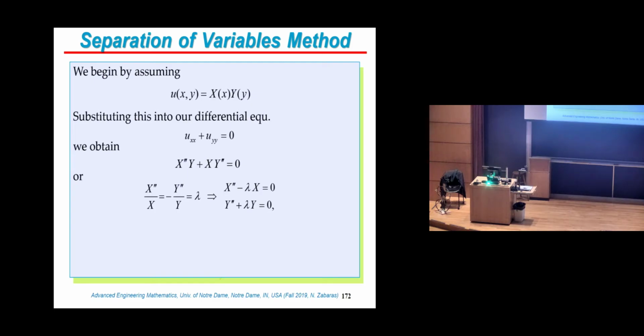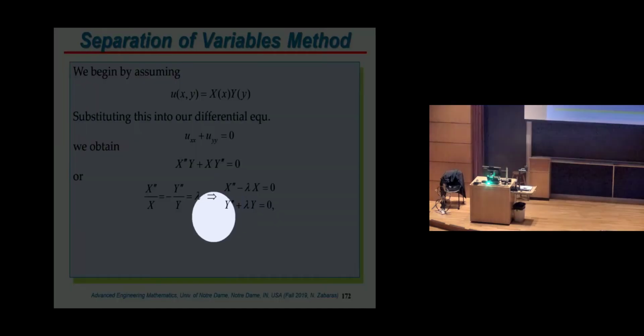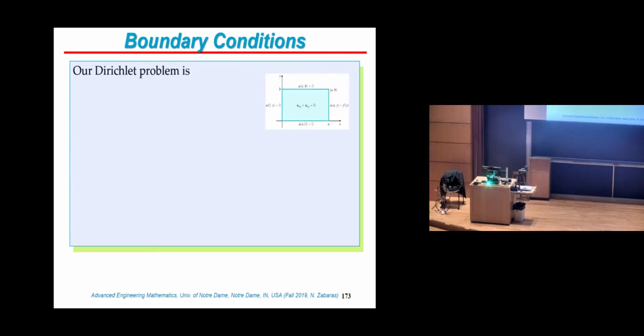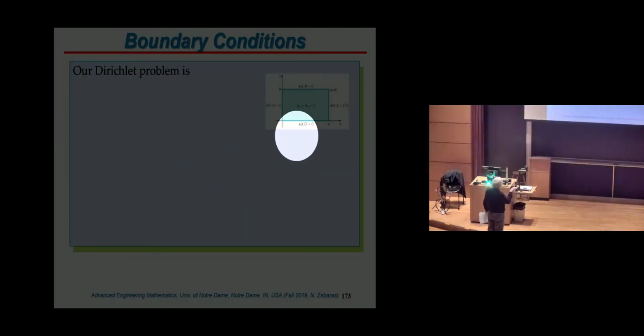So now, before we solve these equations, obviously, we're going to have to put some boundary conditions in these ordinary differential equations. And the boundary conditions come from the picture I had before. So I'm going to go directly on the image. Can you actually guess what the boundary conditions will be? So remember that the solution is capital X times capital Y. So what type of boundary condition will this condition give me?